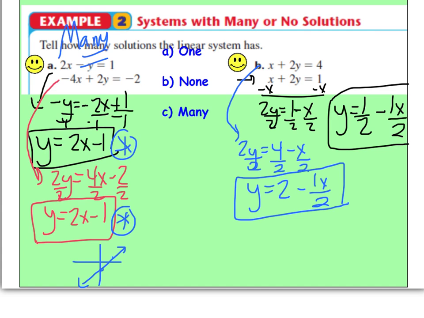If you graph these two lines, here's what I'm noticing about both of them. For the blue one written here, the slope is the number negative 1/2. Y-intercept is 2. For this one in the black, the slope is negative 1/2. Y-intercept is 1/2. When you graph them, here's what's going to happen. If the y-intercept is 2, we're going to be right here.